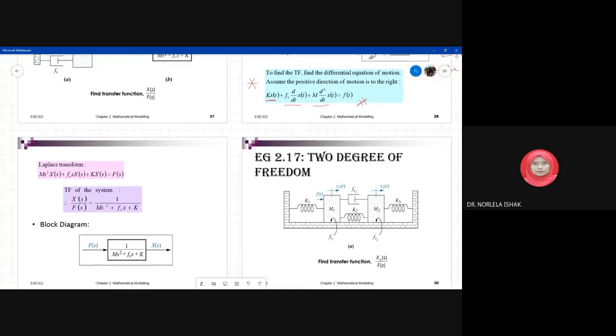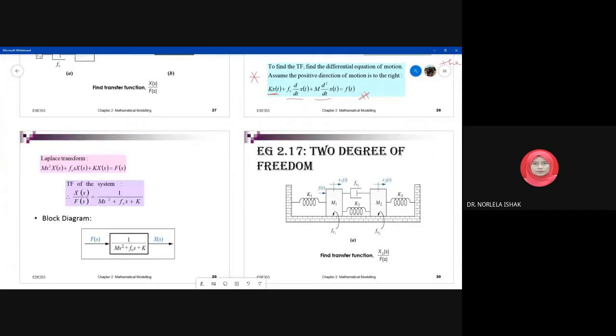From this one, we take Laplace transform. So we can get this one. We take Laplace transform, we can get mass is Ms squared X, and the damper plus the K, equal to applied force.